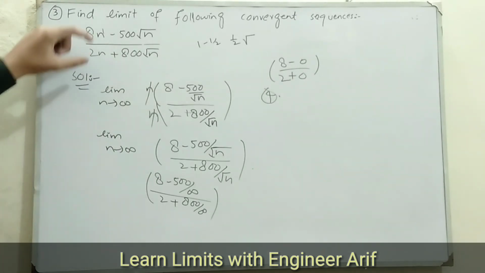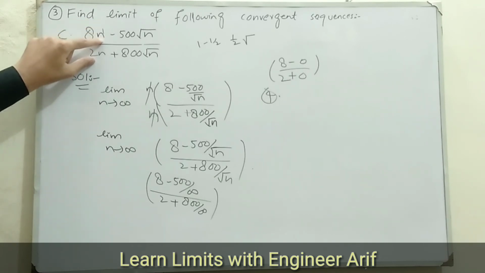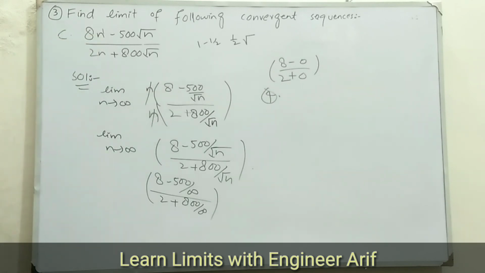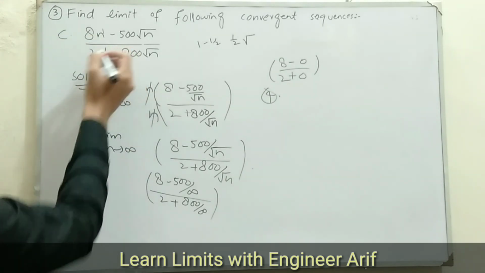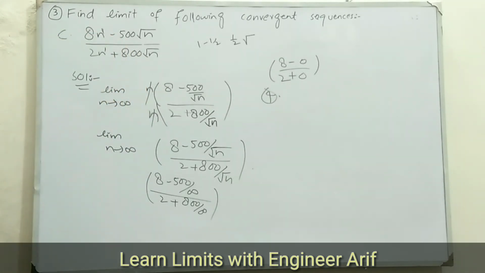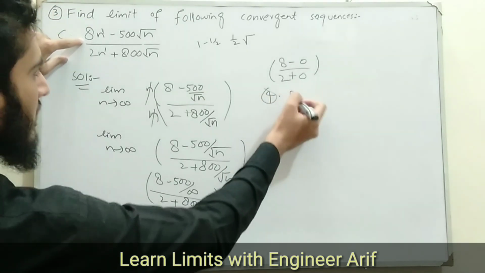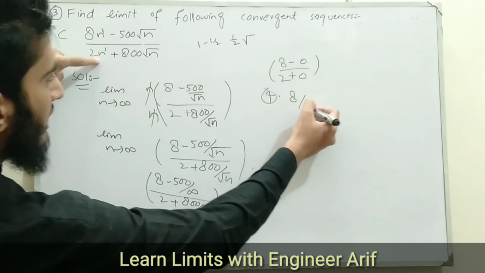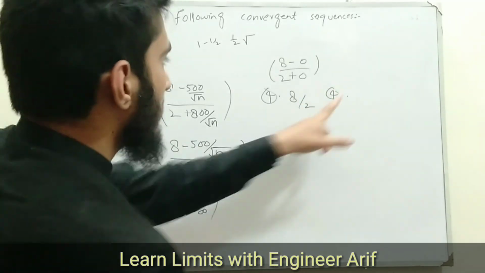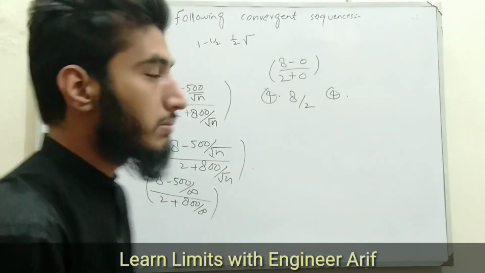If the highest power of the variable in the numerator and denominator is the same, we divide their coefficients by each other. Here the highest power of the variable is 1 and here the highest power is 1. The coefficient of n is 8 and here the coefficient of n is 2. So dividing them by each other, we again get the result 4. So this is the trick method.